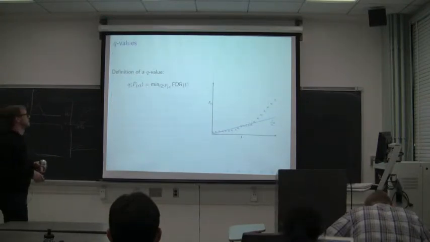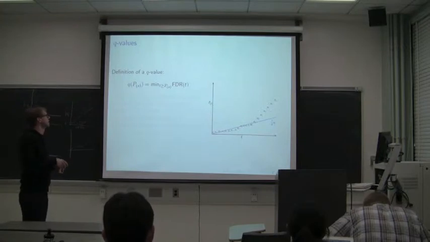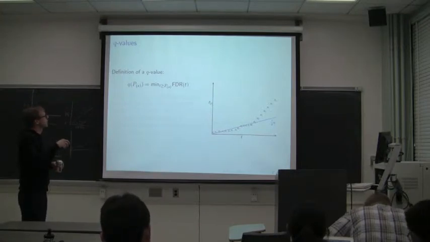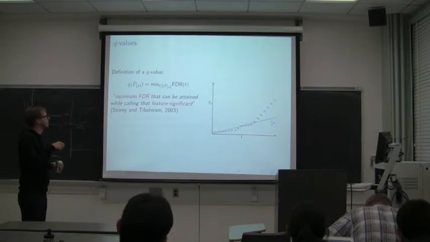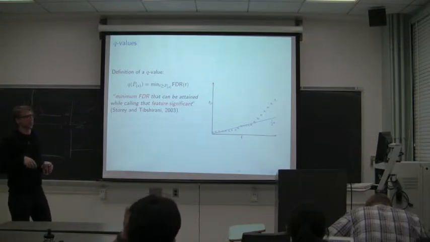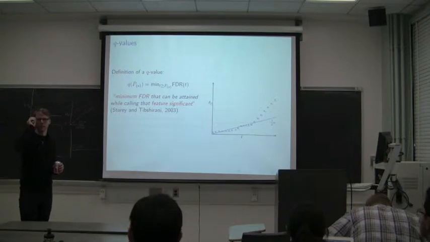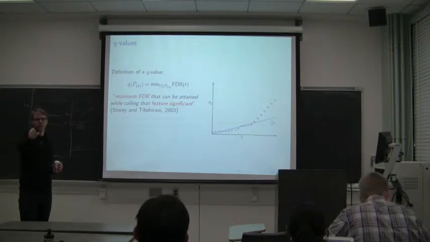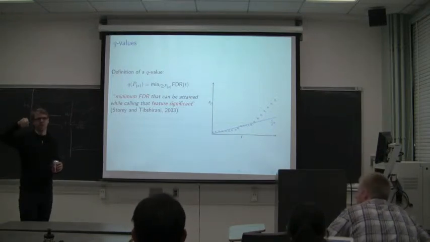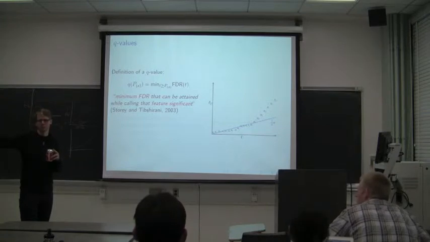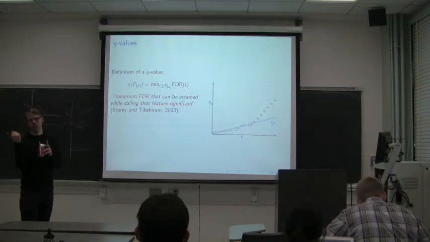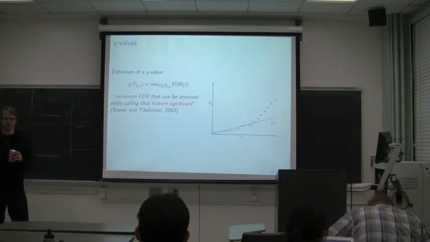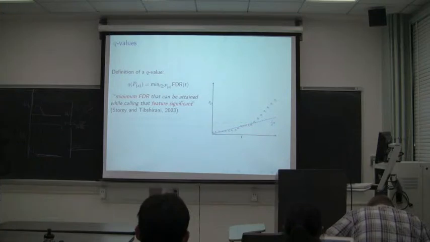And the definition of a Q value is basically the minimum false discovery rate that I could achieve while calling that feature still significant, which is not the false discovery rate when setting the threshold like that. Because the false discovery rate can go down when calling more significant, it's actually the smallest at p-values larger or equal to the current p-value.